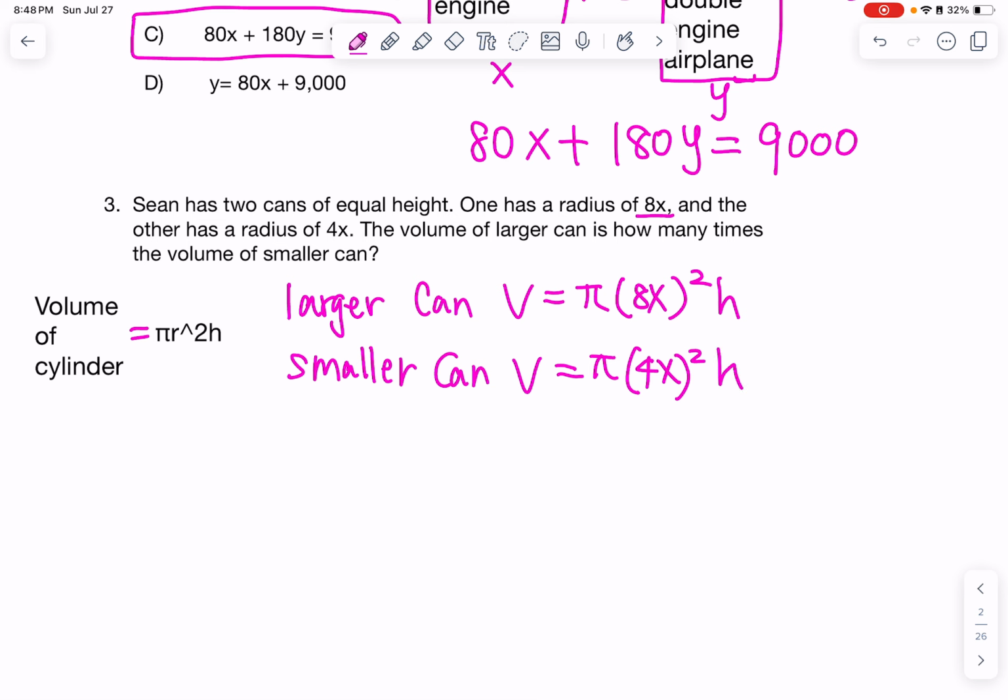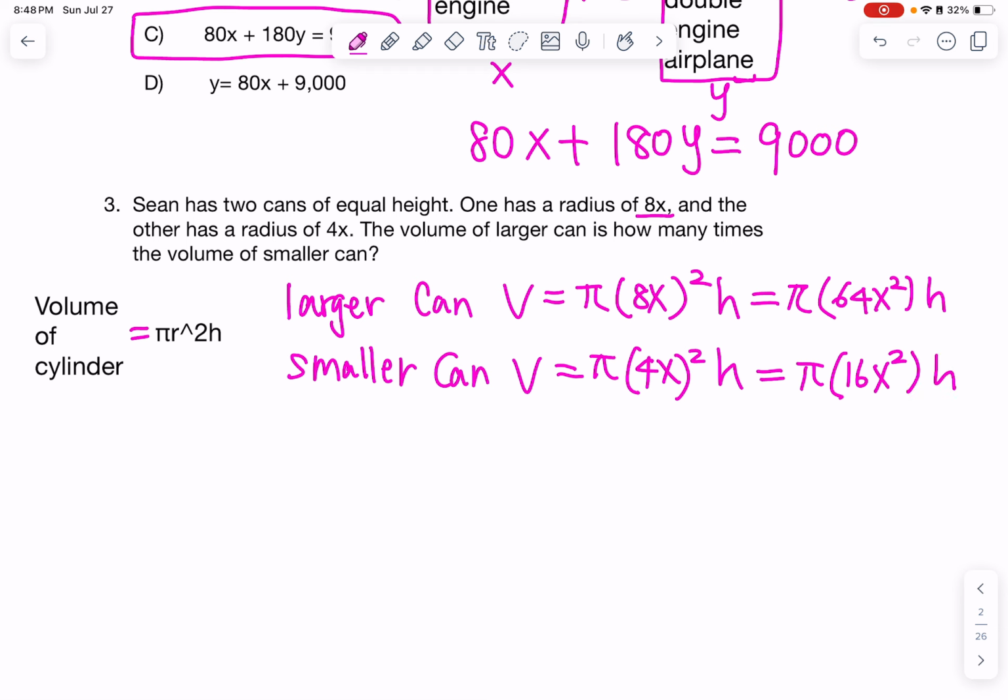If we find the expression for the larger can, the volume will be pi times 8x squared, which is 64x squared h. And for the smaller can, if you square 4x, then pi times 16x squared h.